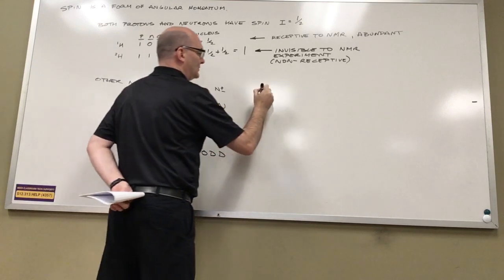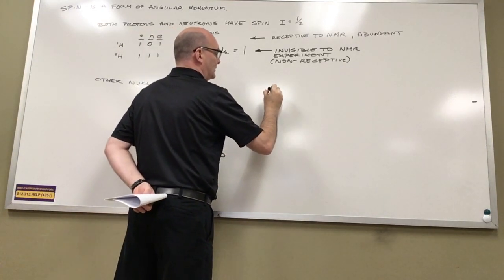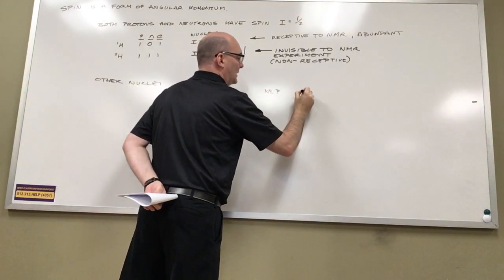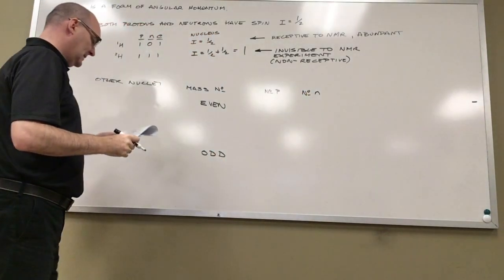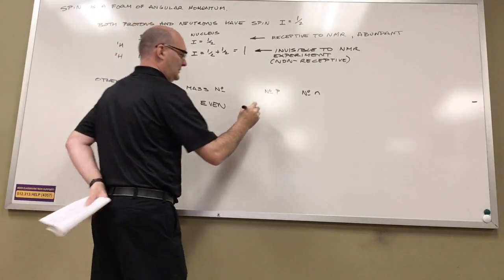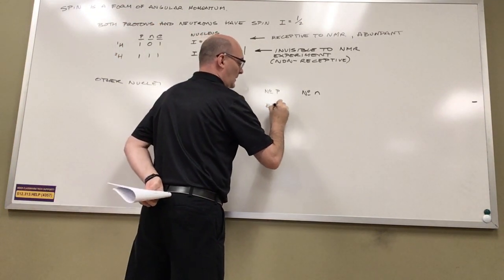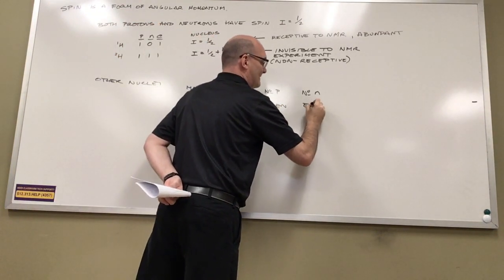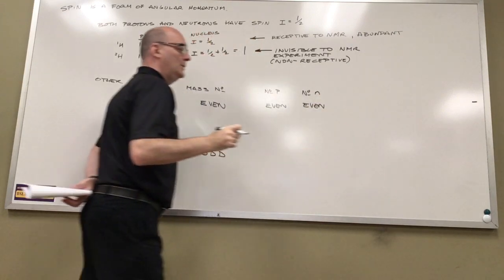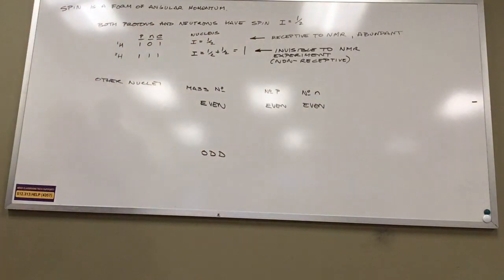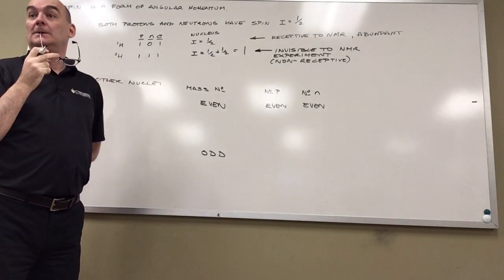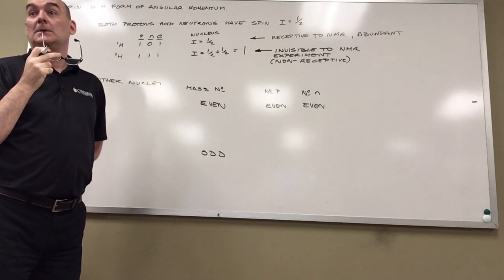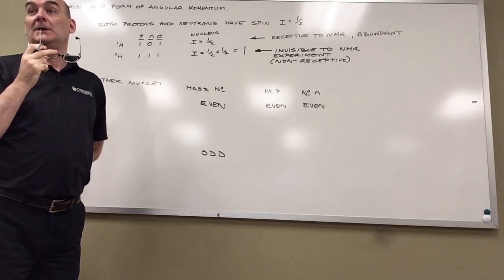Even mass numbers can arise when the number of protons and the number of neutrons are both even. If I have an even number of protons and an even number of neutrons, then my mass number, two even numbers added together, gets to be an even number.